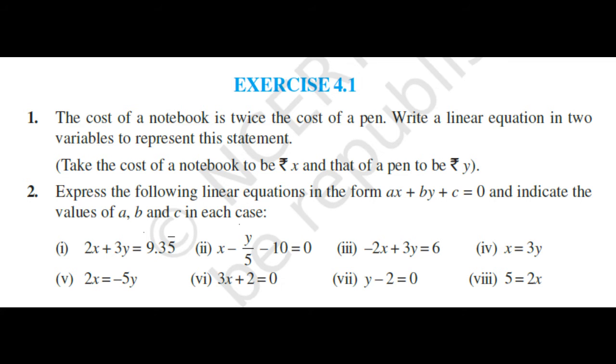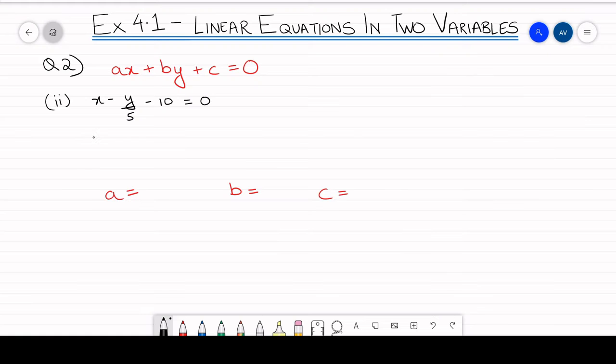Part 2 is x minus y by 5 minus 10 is equal to 0. Now this is already in its standard form, or I can even write this as 1 into x minus 1 by 5 into y minus 10 is equal to 0.